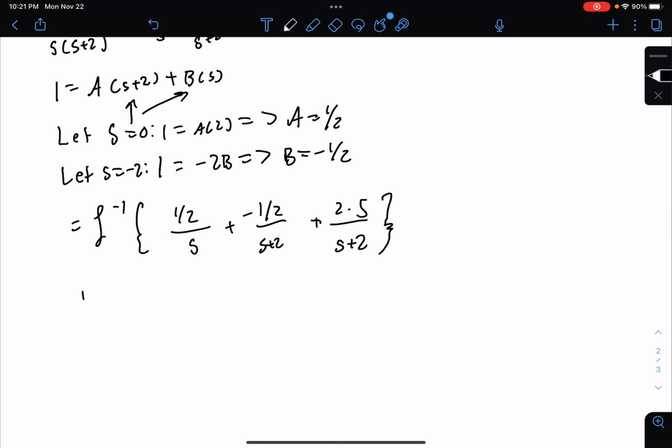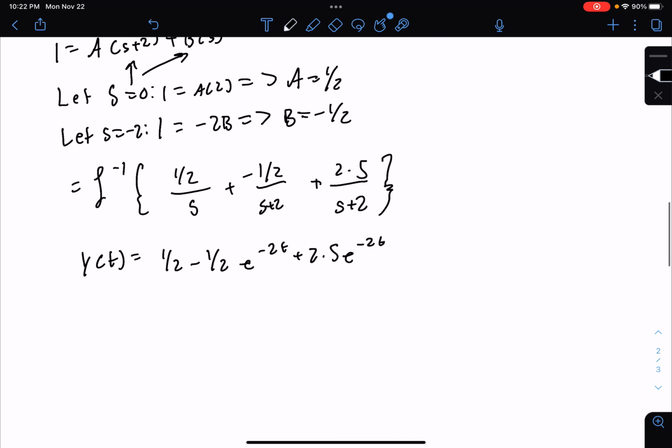And now it's just simplifying. We get 1/2 minus 1/2 e^(-2t) plus 2.5 e^(-t), and this equals 1/2 plus 2e^(-2t), fully simplified.